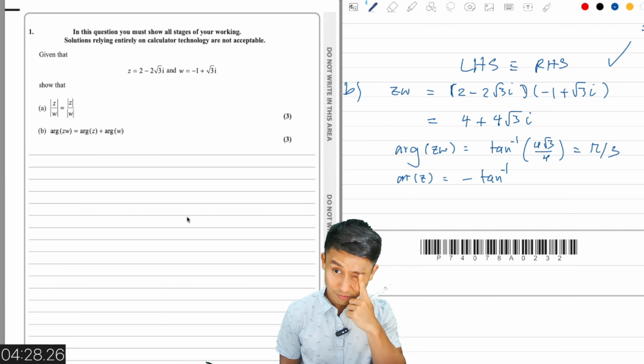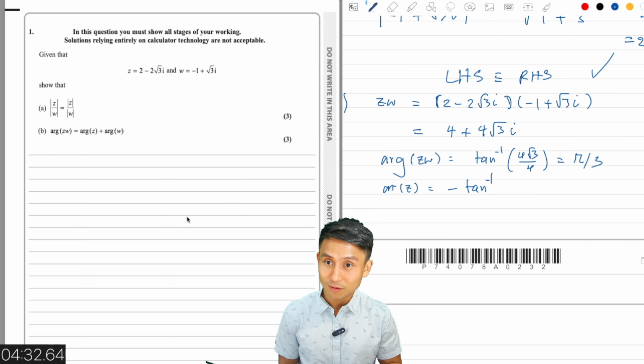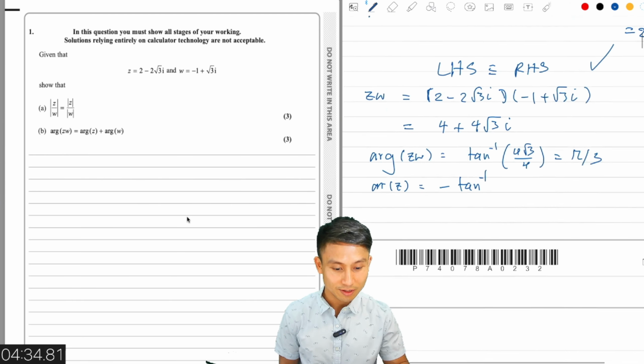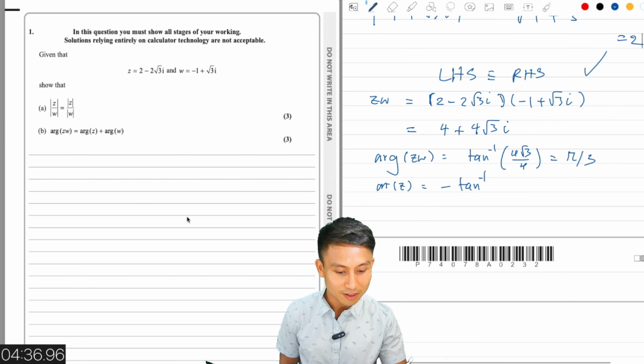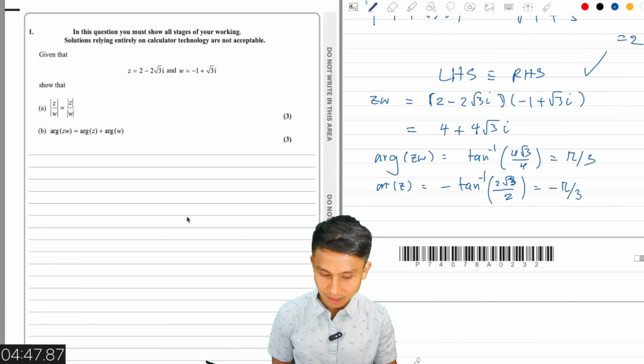Assuming this is from minus pi to pi, I'm just going to do negative arctan 2 root 3 divided by 2. That would be negative pi over 3, yeah?